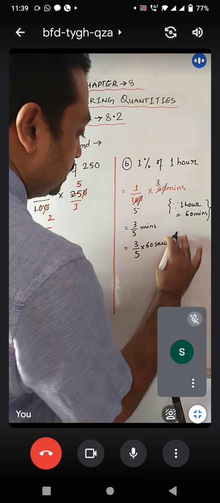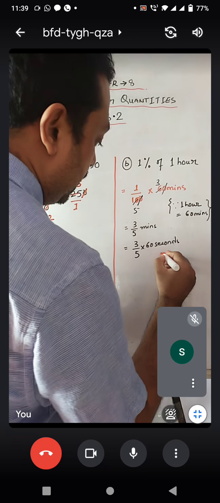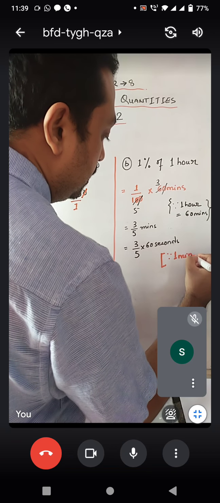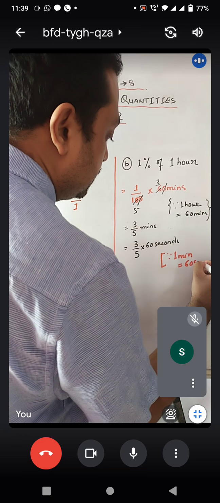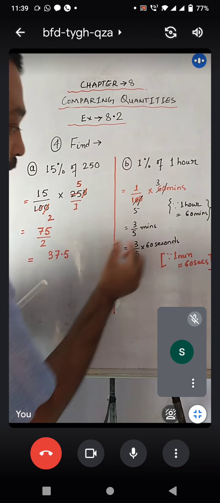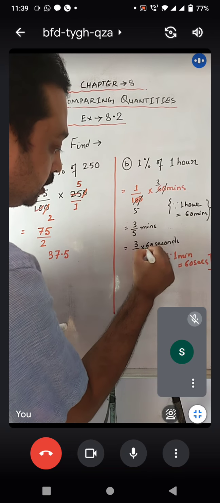And why have I written 60 seconds in place of minute? Because we know that 1 minute is equal to 60 seconds. So in place of minutes I have written 60 seconds. Now we can reduce it further.